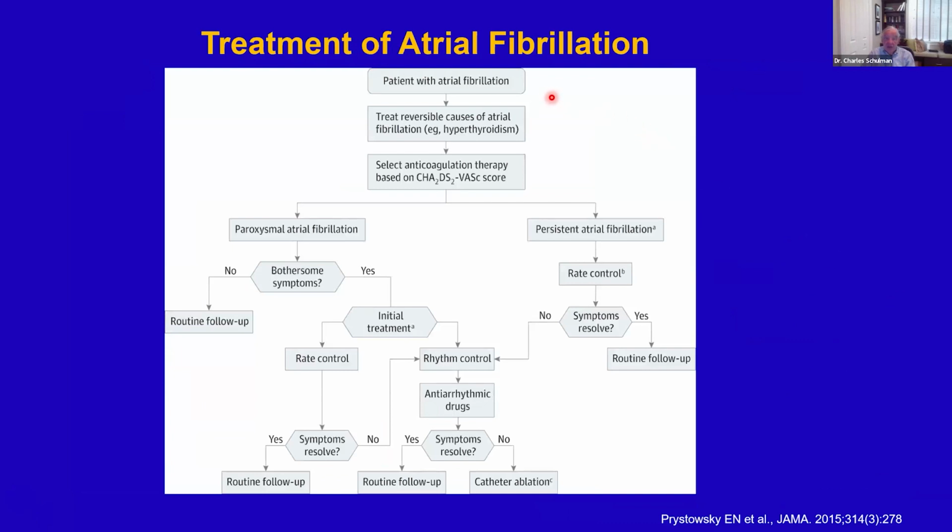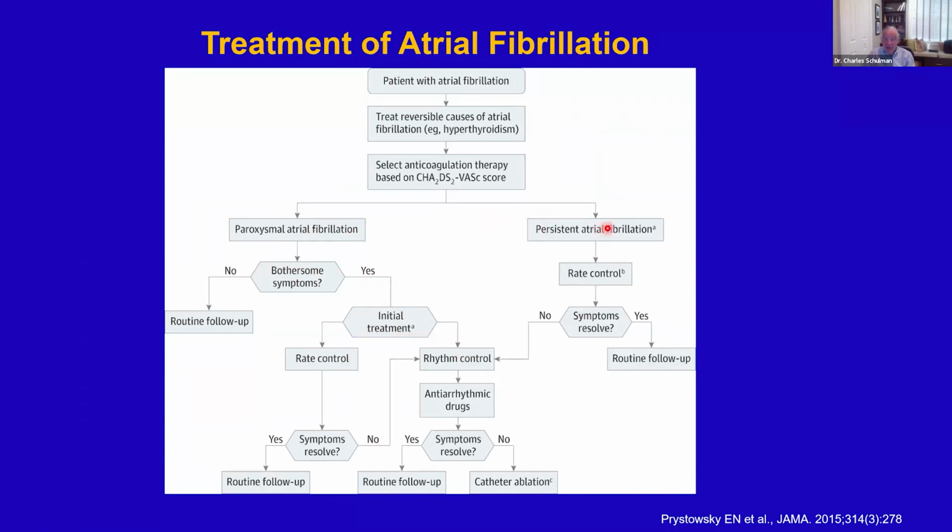So, given a patient with atrial fibrillation, treat reversible causes, select an anticoagulation therapy, and then, if the patient has paroxysmal AFib and no bothersome symptoms, follow it. If the patient has bothersome symptoms, think about rate control or rhythm control.